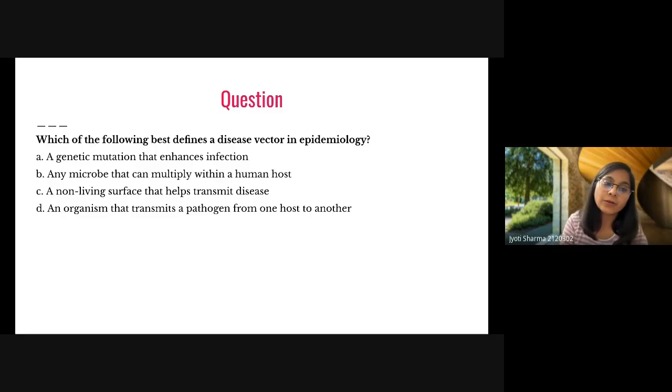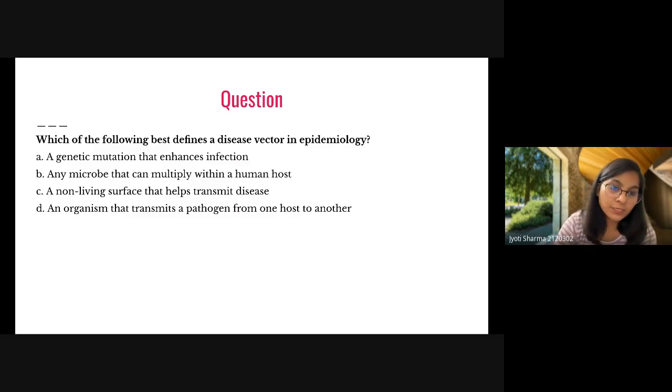And D, an organism that transmits a pathogen from one host to another. So you have to define what we mean by a vector or disease vector. How will you define this as the disease vector?